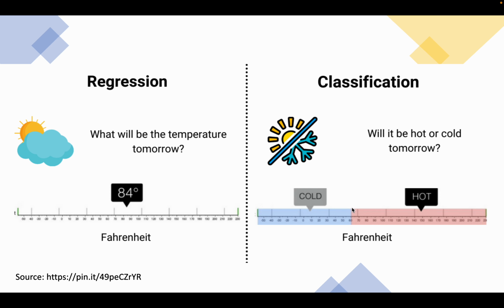So any result less than this point is cold, and any result more than this point is hot. Or we can even divide it into more categories. Maybe from here to here it's cold, and from here to here maybe it's cool. From here to here maybe it's medium or warm, and more than this point is hot.